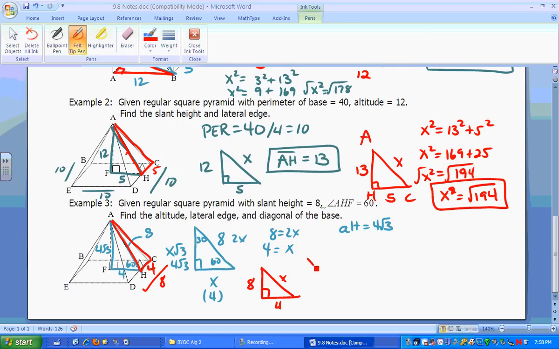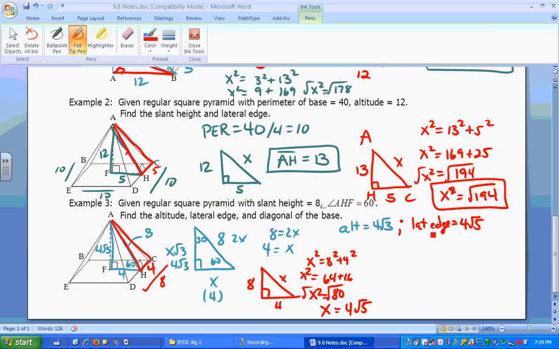So Pythagorean theorem: x squared is equal to 8 squared plus 4 squared. 64 plus 16 equals x squared. x squared is equal to 80. Root it. What goes in there? 16 and 5. So what do you get? You get 4 root 5. We know the lateral edge is equal to 4 root 5.